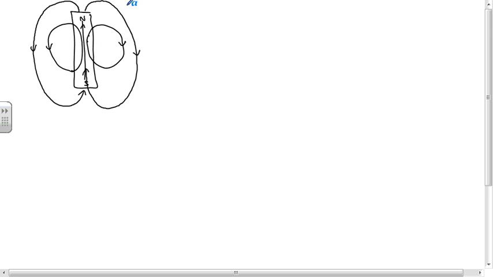If you want to know the direction of the magnetic field vector at any point on one of these lines, let's choose this point, then the magnetic field vector is going to be tangent to that field line. We don't know the magnitude, but that's the magnetic field vector at that point.